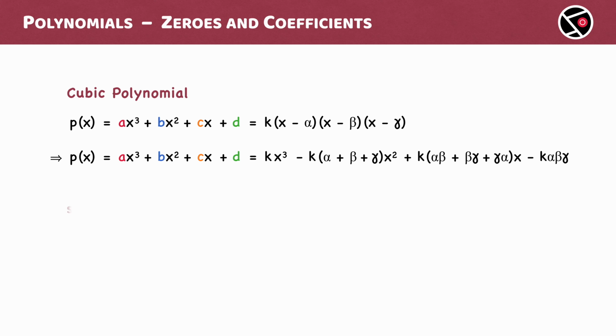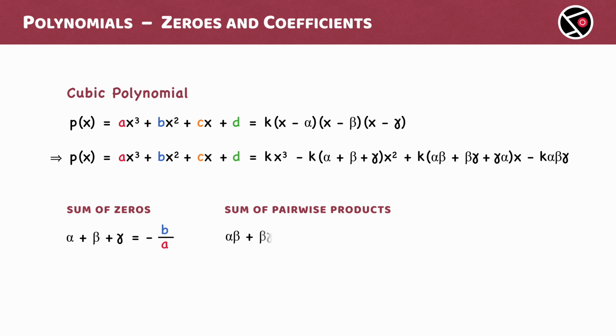First, the sum of zeros. Alpha plus beta plus gamma is minus b over a. Second, the sum of pairwise products of zeros. Alpha times beta plus beta times gamma plus gamma times alpha equals c over a.